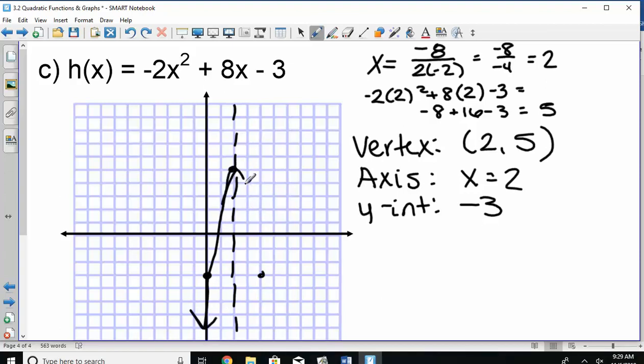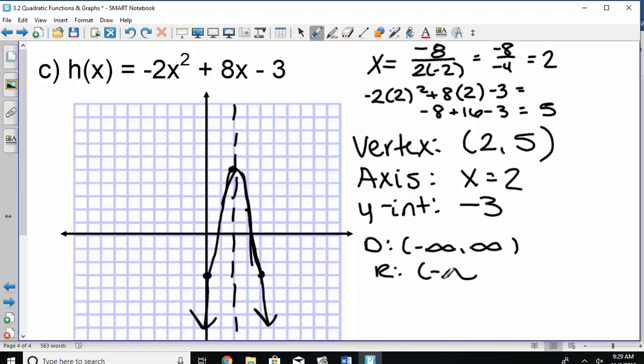And then attempt to draw a nice parabola, hopefully a little bit better than mine. Like that. Domain. Range. It would be negative infinity, comma, 5 with a bracket, because we always go small to large.